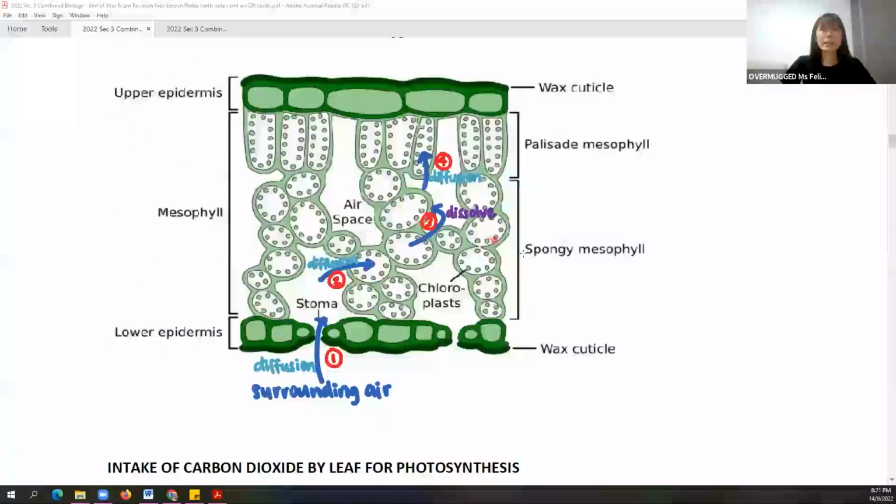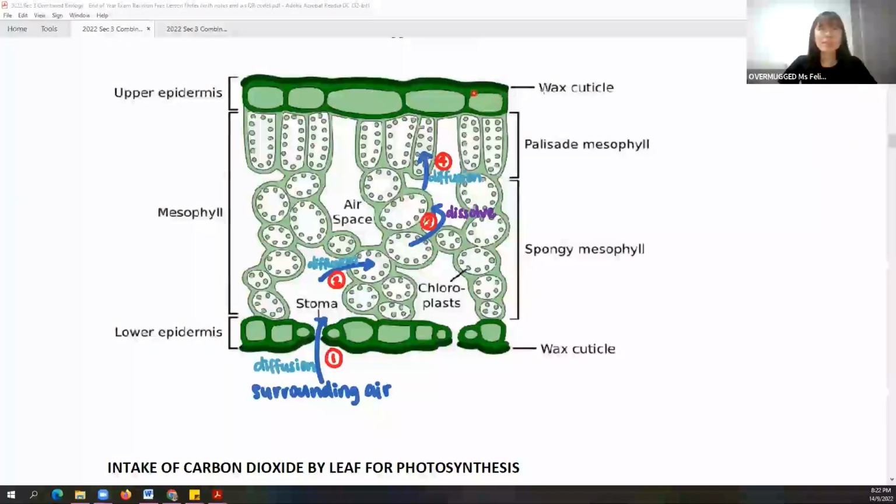Let's take a look at this diagram here. For carbon dioxide to reach the inside of the leaf cell, we need the carbon dioxide to reach this layer, which is called the palisade mesophyll, because this layer is the uppermost layer that has chloroplast.